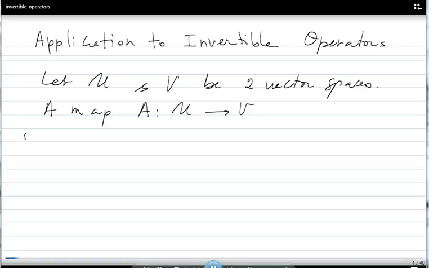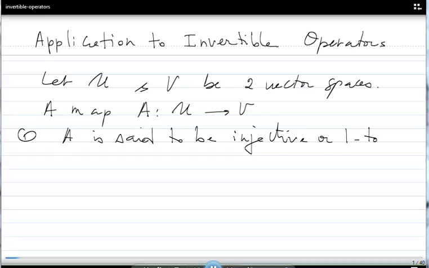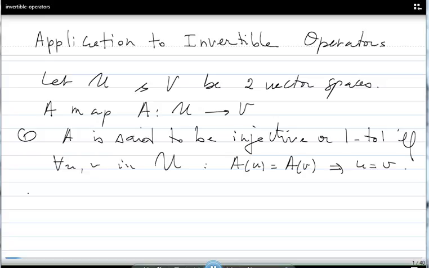Number one, A is said to be injective or one-to-one if and only if for any u, v in U, A of u equal A of v will imply u equal v.